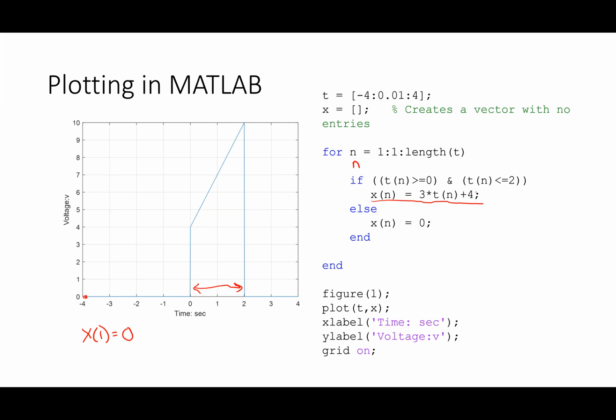Maybe don't put the semicolon here and here, and then I can watch x and n as time evolves. That gives me some idea of how the code is functioning, and I can do a little debugging with that. We can talk more about debugging techniques in the future if you want; we don't have a lot of time now.